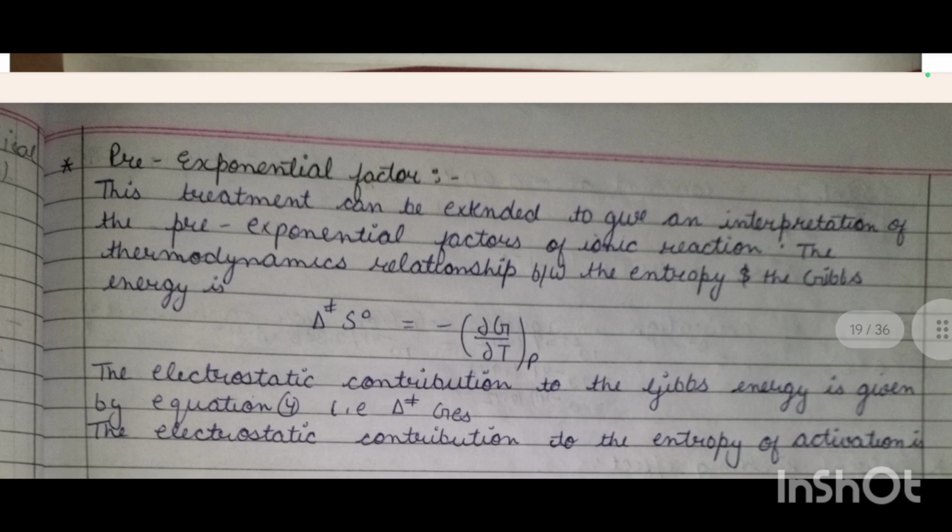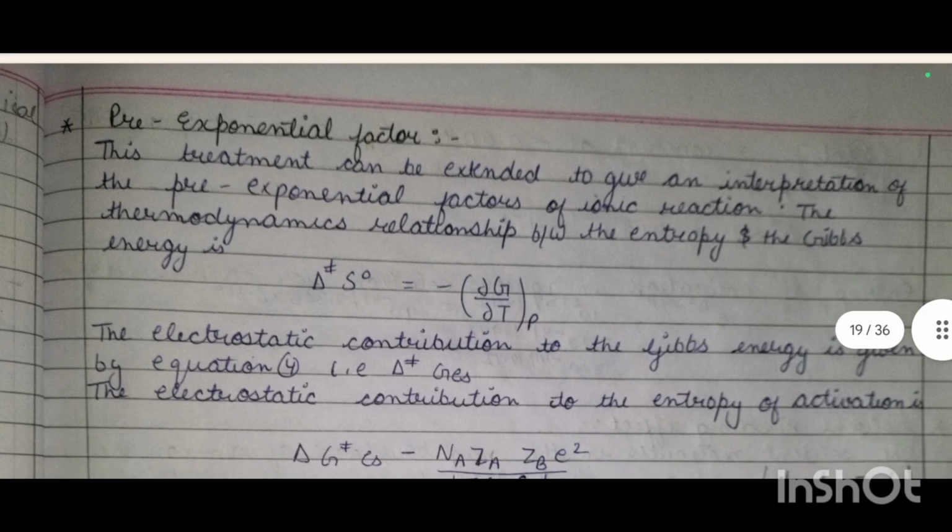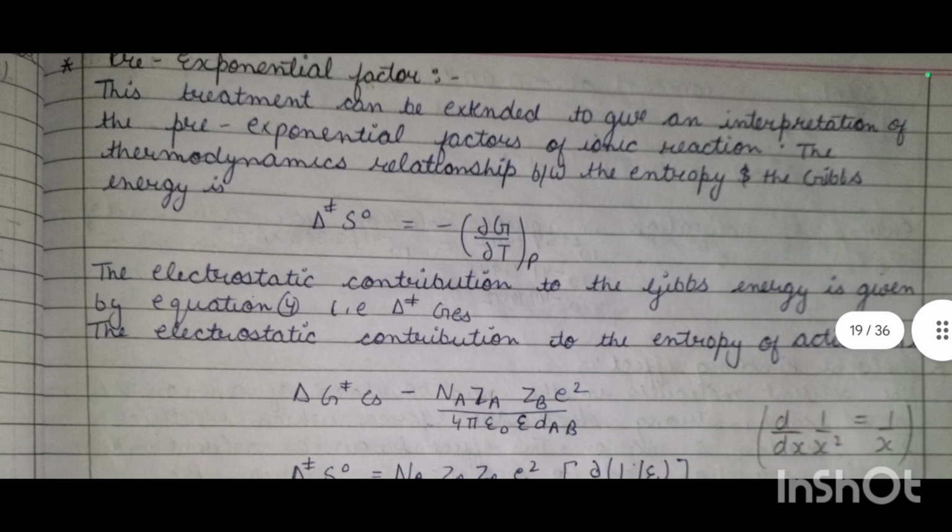Pre-exponential factor. This treatment can be extended to give the interpretation of the pre-exponential factor of ionic reactions. The thermodynamic relationship between the entropy and the Gibbs free energy is delta star S naught is equal to minus del G by del T at constant pressure.